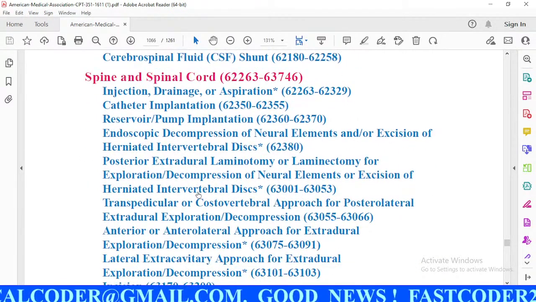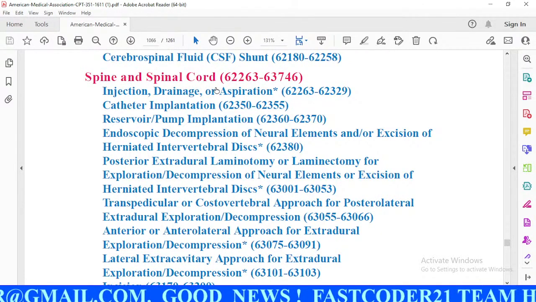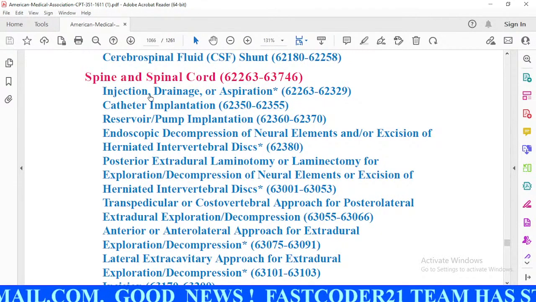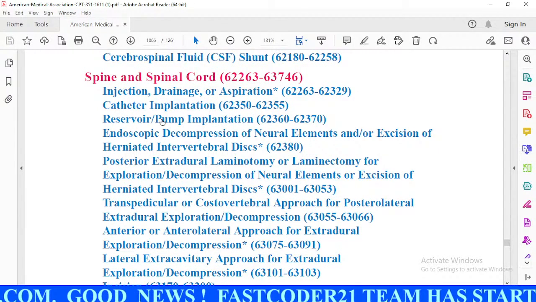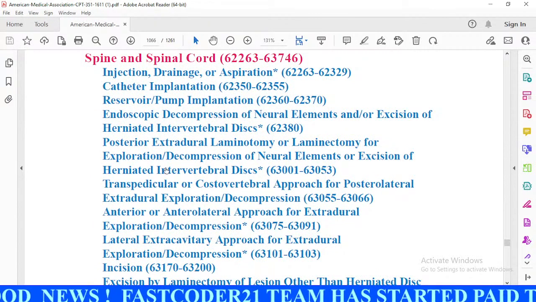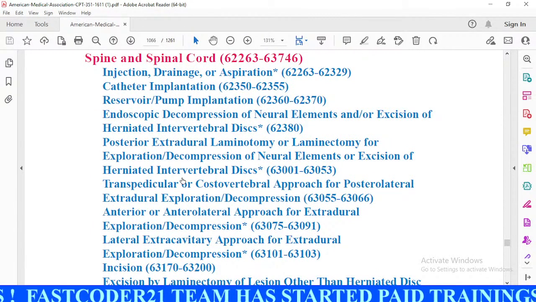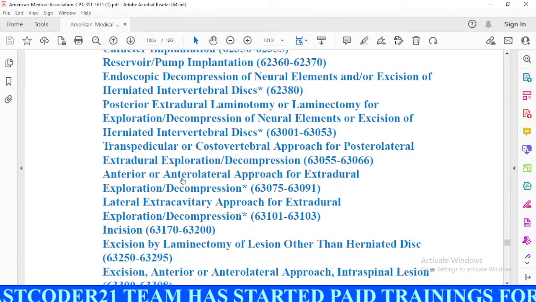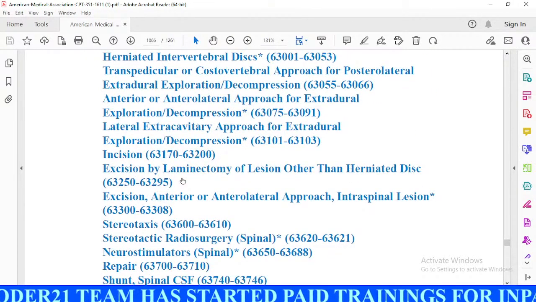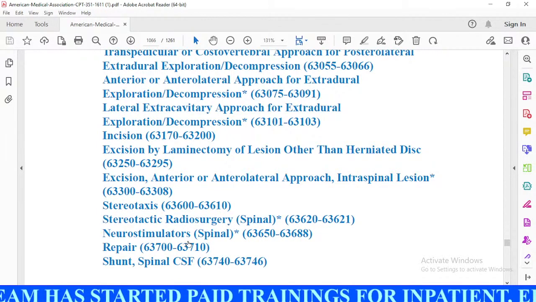You need to remember what the procedures are in spine and spinal cord. We have multiple procedures: injections, catheters, reservoirs, endoscopic, herniated, like this. You need to remember all these headings. Basically, what procedures are included in spinal procedures? We'll go down: laminectomy, stereotactics, radiosurgery, neurostimulators.